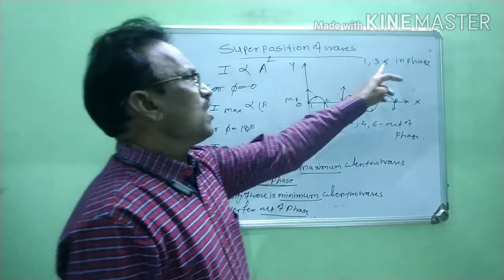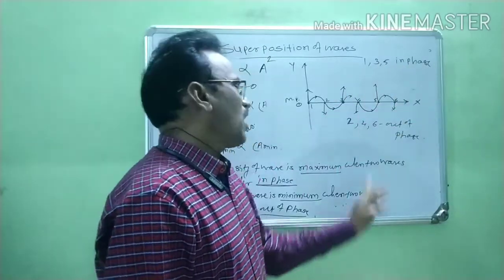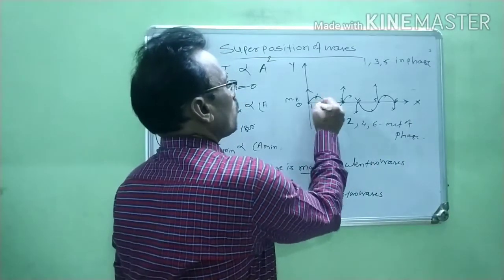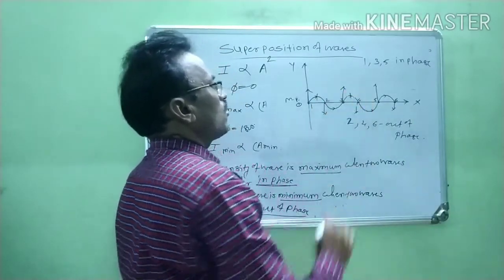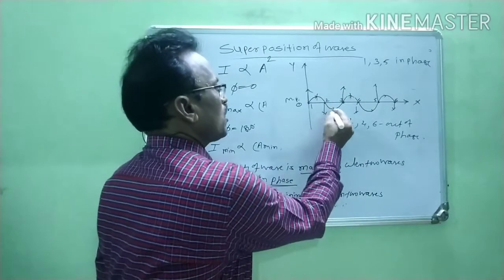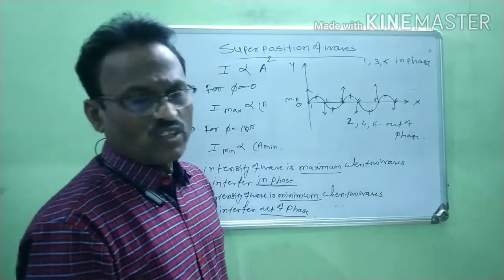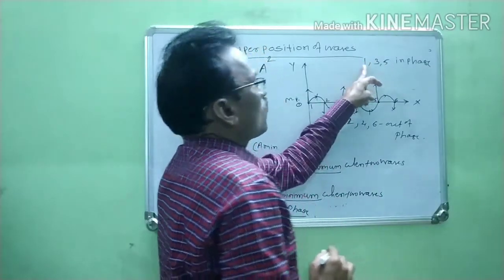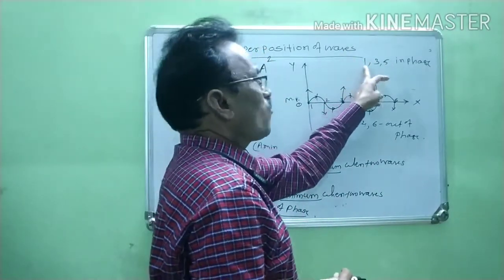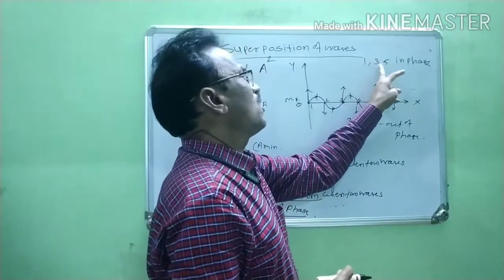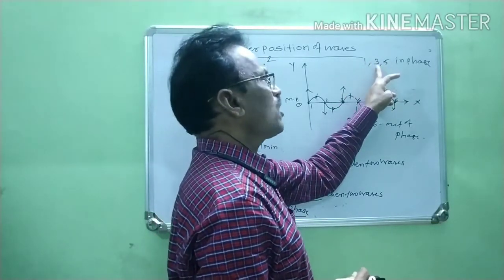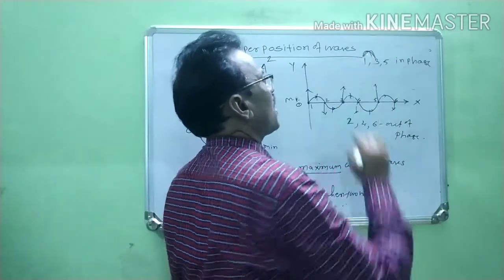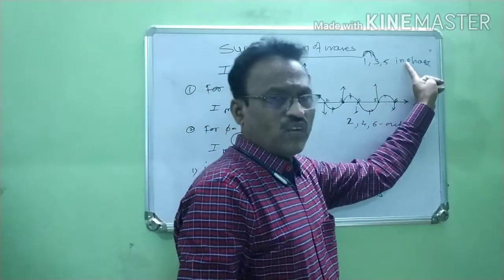Right? In this way, 1, 3, 5 are in phase and 2, 4, 6 are known as out of phase. Again, these two particles are also known as in phase particles. Therefore, when the first particle of the first wave and the second particle of the second wave, 1 and 3, interfere with each other, we say that they are in phase.